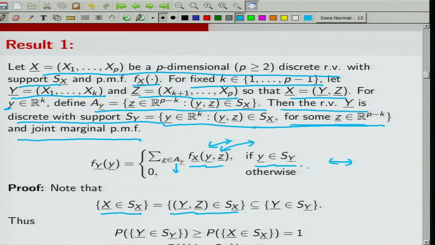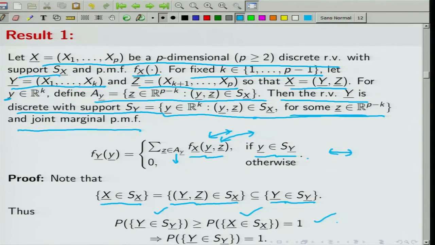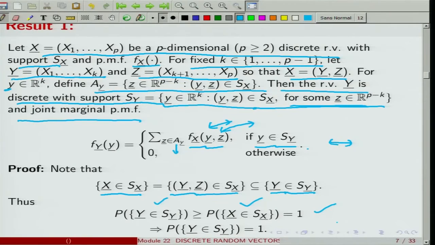So, here I am given that (y, z) belongs to S_X, which implies that y belongs to S_Y. So, the event X belonging to S_X is contained in the event Y belonging to S_Y. So, the probability that Y belongs to S_Y is greater than or equal to the probability that X belongs to S_X, but the probability that X belongs to S_X is 1 because S_X is the support of a discrete random variable X. So, the probability that Y belongs to S_Y is 1. Now, I have to get the probability mass function. Also, note that S_Y is countable.